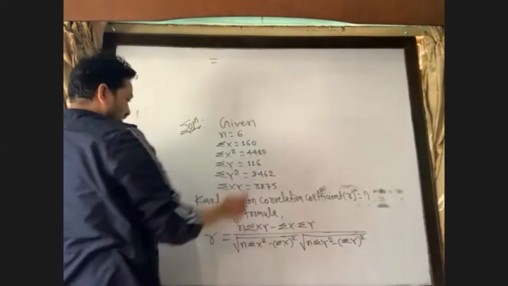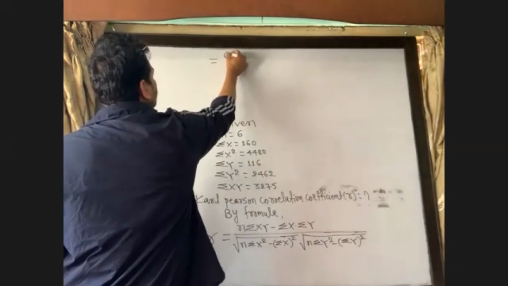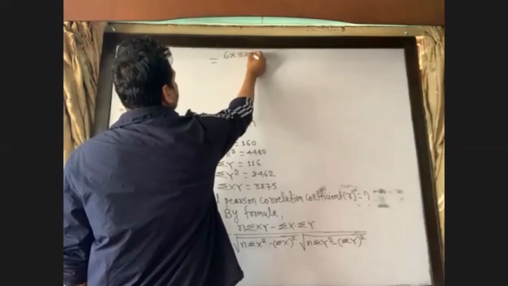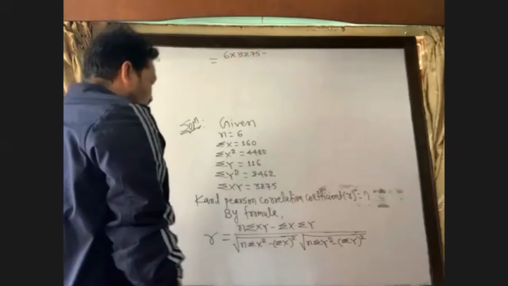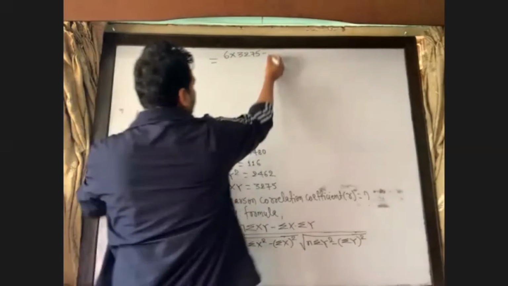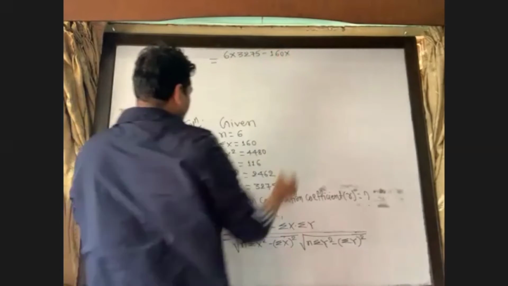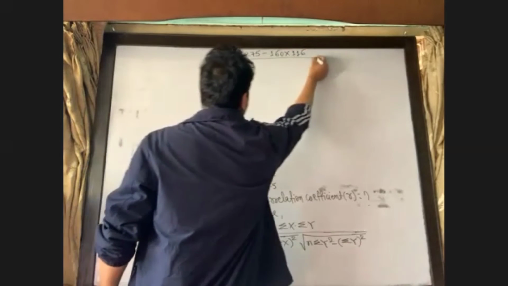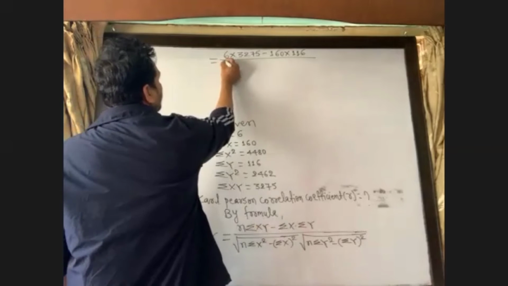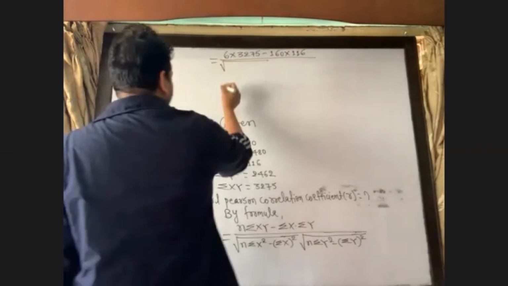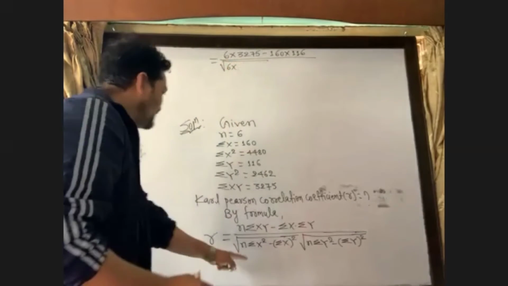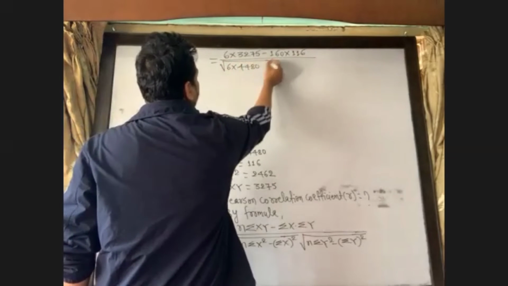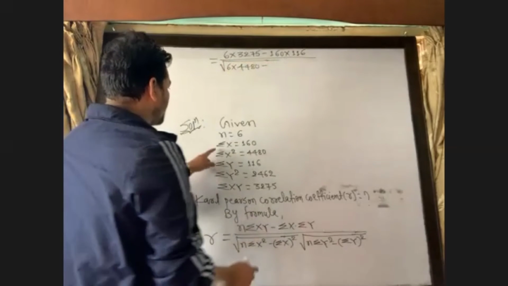This is equal to n, which is 6, into summation xy, which is 3,275, minus summation x, which is 160, into summation y, which is 116.